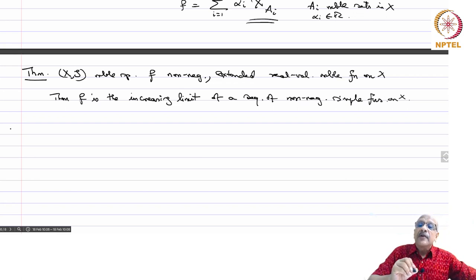That means you can find a sequence fn of x which is monotonic increasing and the limit is f of x. Okay. So proof.